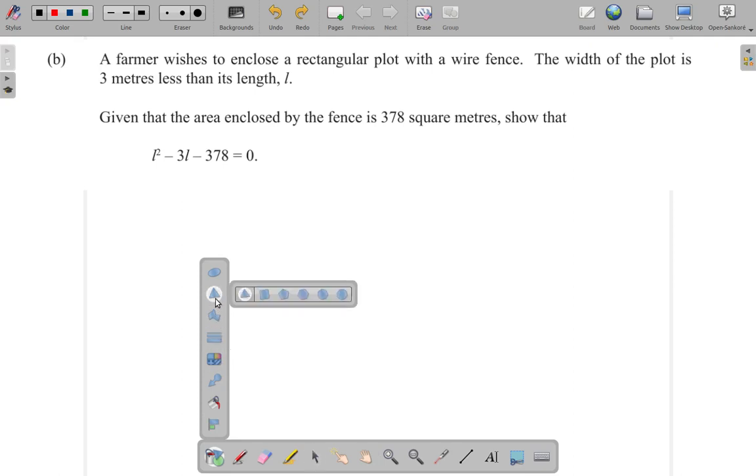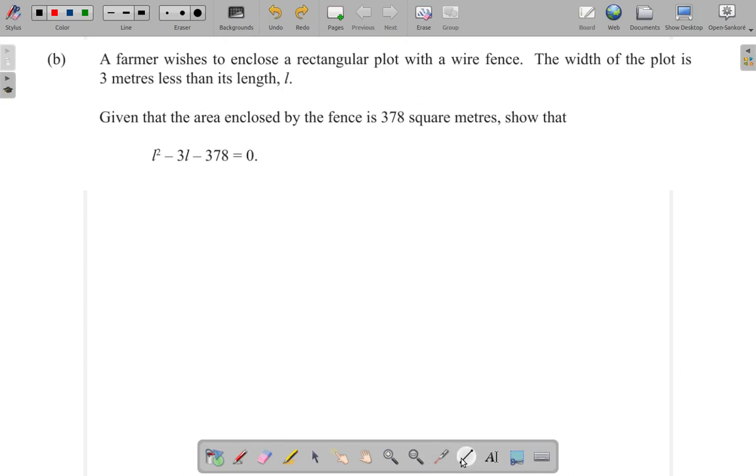With a question like this, it's usually a very good idea to make a visual representation. Now, let's see if we can make a sketch of what it might look like.